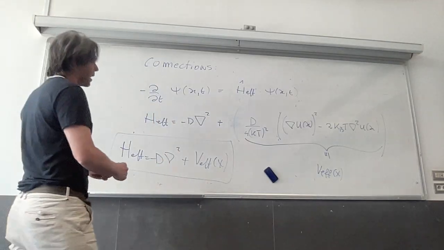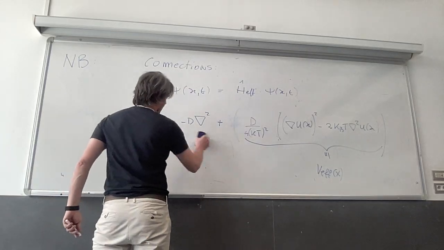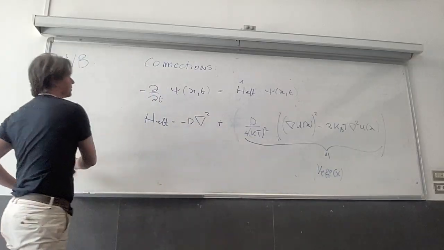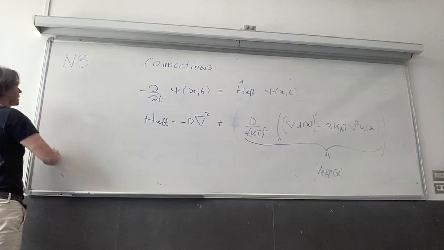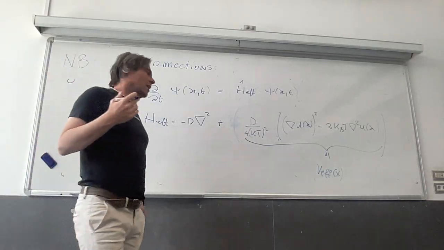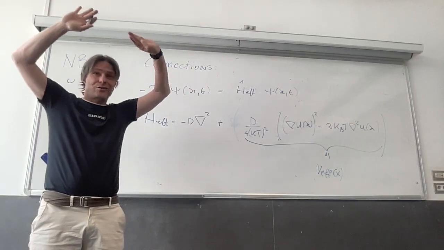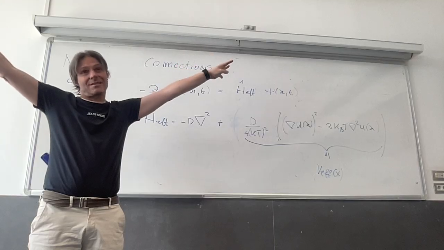Why? First of all, the eigenstates. So since the effective Hamiltonian is Hermitian, we now can claim there is a real spectrum and a complete set of eigenbases. Okay?